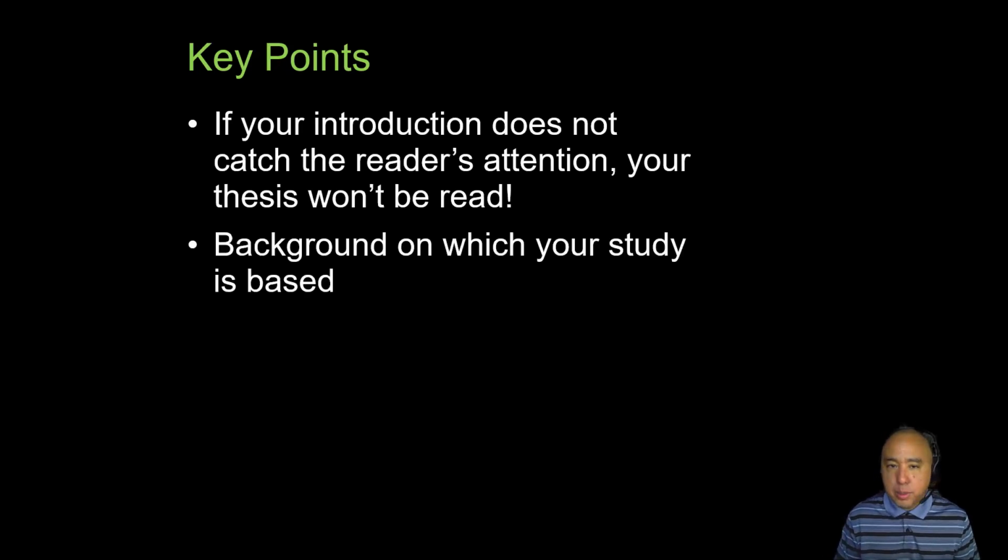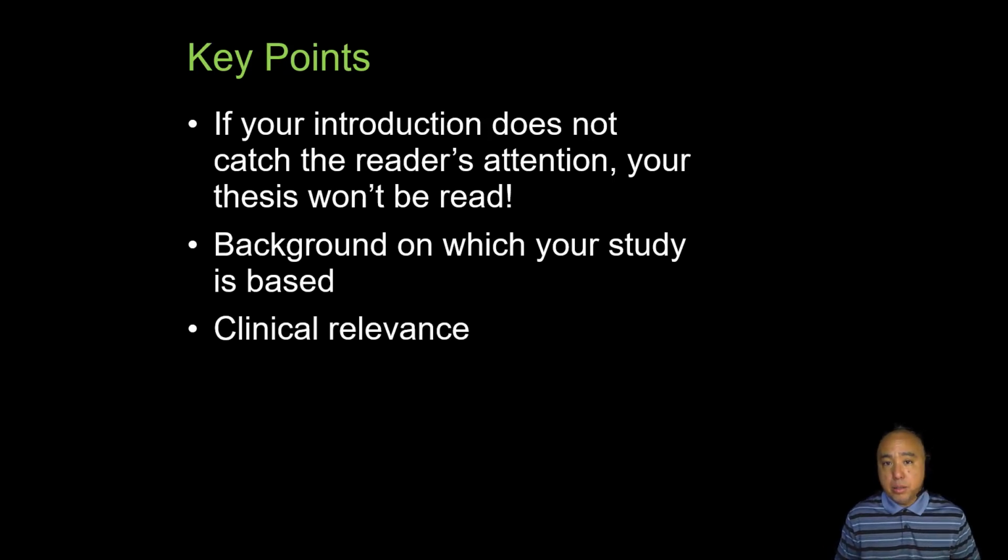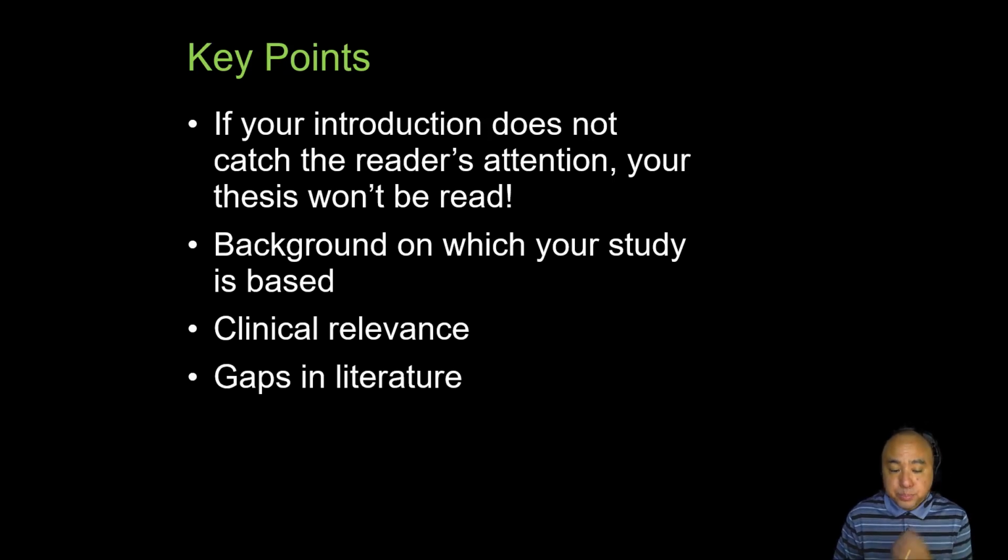And the first part of the introduction is typically the background on which your study is based. So this, you can talk about injury risk or athletic performance, whatever that may be. And so in a way, it should sell the clinical relevance and implications of the study, whatever it is that you plan on studying for your thesis and a capstone.